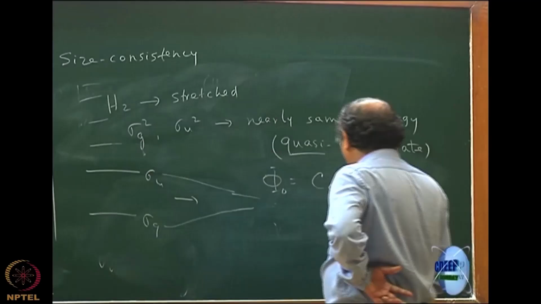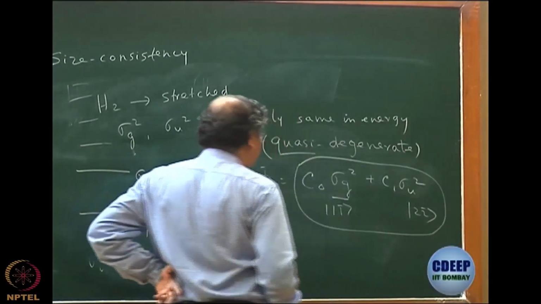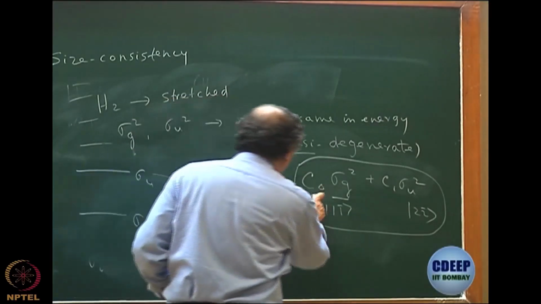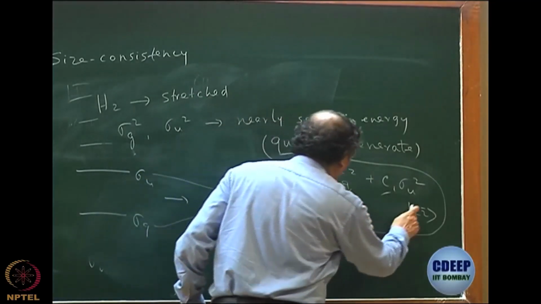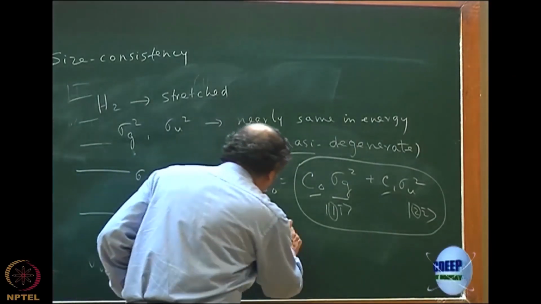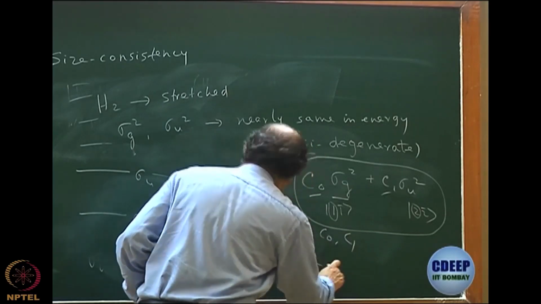In such a case, I should be able to write only a combination of these two determinants, and then not only vary these coefficients just like in CI, but also vary these orbitals themselves, 1 and 2. So, I would vary C0 and C1 as well as 1 and 2.